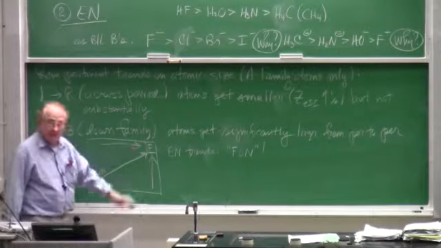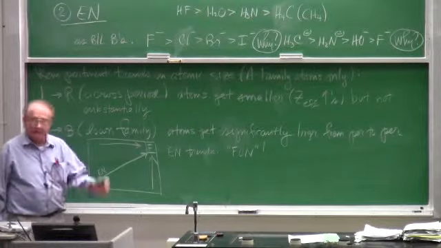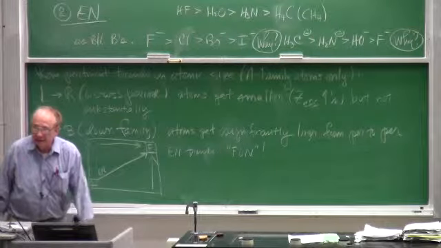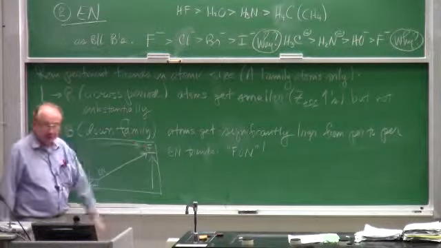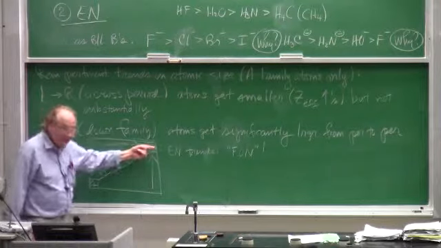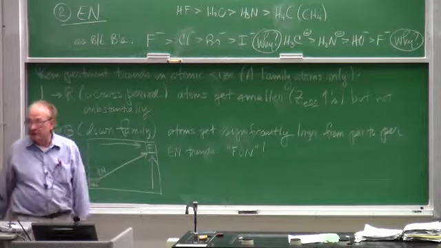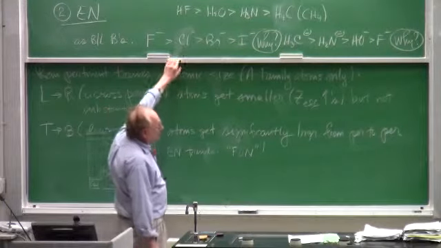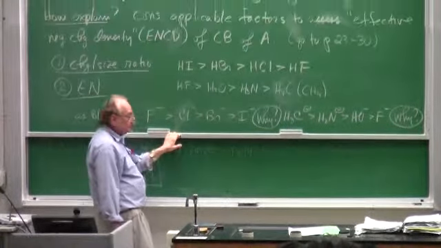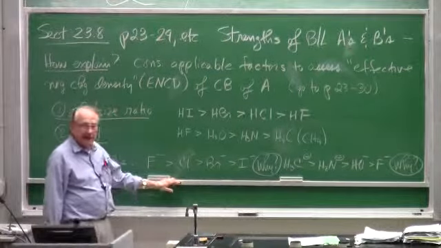And ENs have to increase this way across the period, since we've already stated that EN is really determined by Z effective, and Z effective increases this way. That's why atoms get progressively smaller as we go this way, even though they increase in particle count. All right?